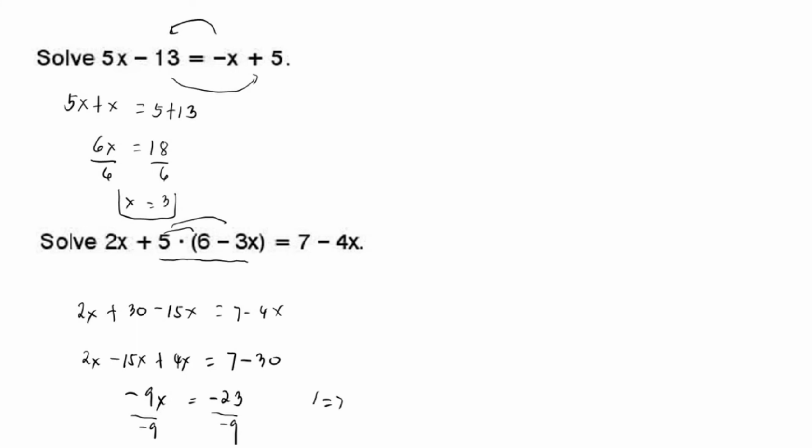So negative 9x divided by negative 9 is x, equal to negative 23 divided by negative 9. The quotient is just a fraction, so we will just write 23 over 9. We can express our answer in fraction form instead of a decimal number.